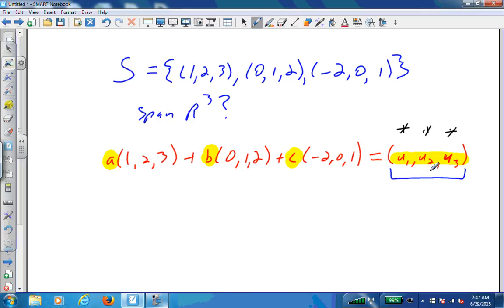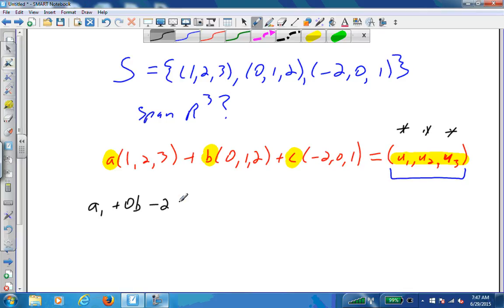So first of all, let's write out the system of equations. If we add the first elements together, we get 1A, no B's, minus 2C's. That equals the first element here.